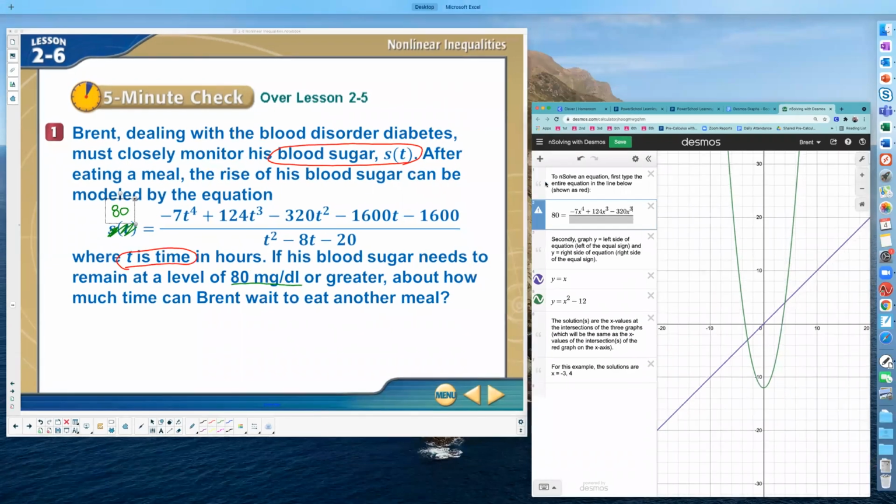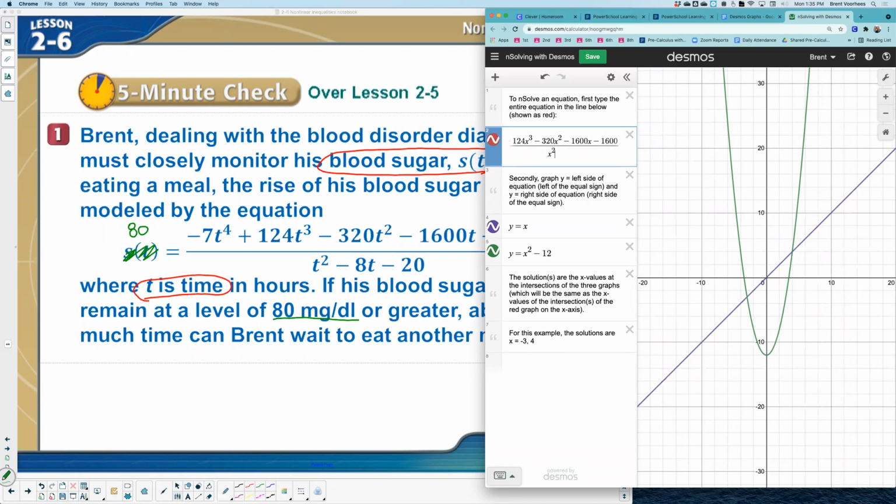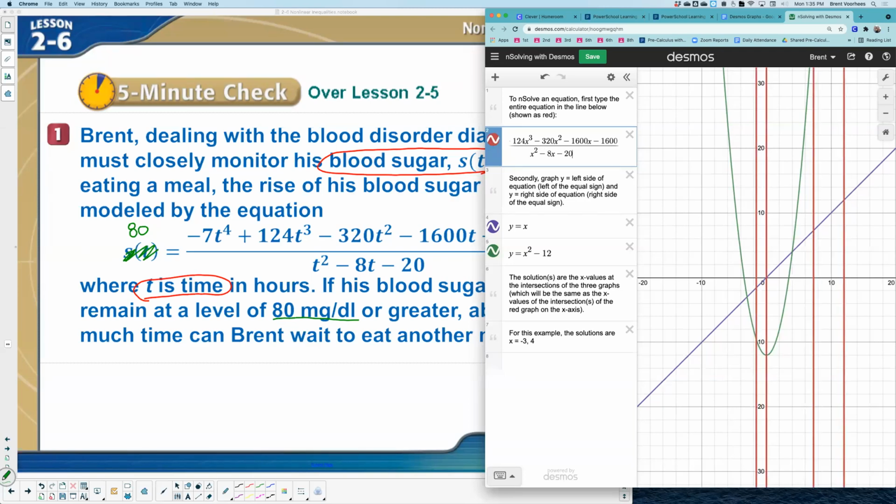So when I give you one, whoops. Let's see here, minus 1600 T, minus 1600. Oh wait, I need to be X there. That needs to be X over X squared minus 8X minus 20.